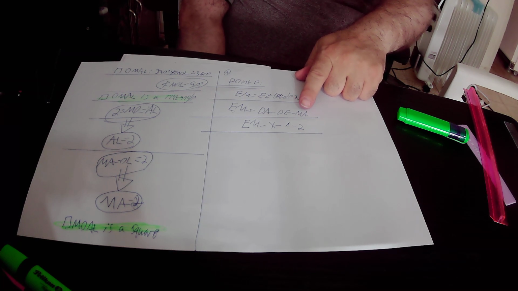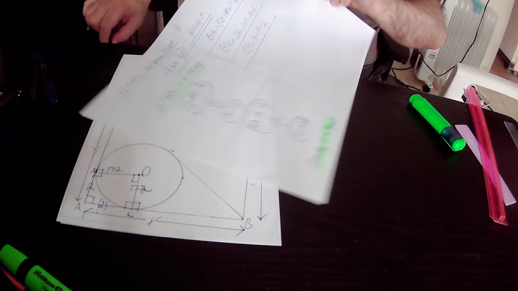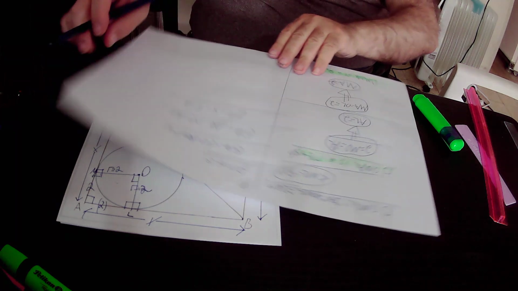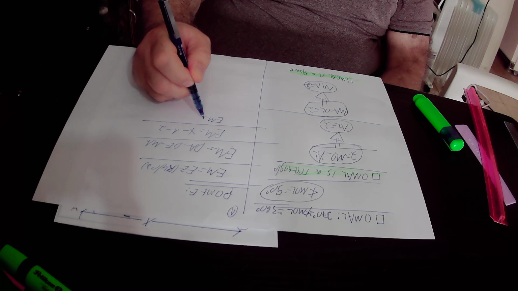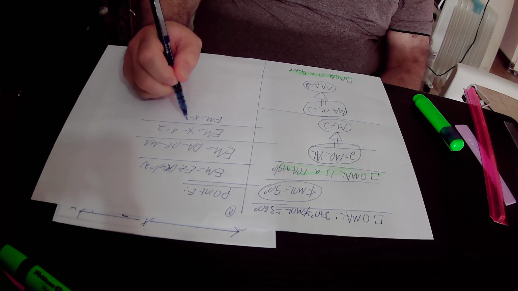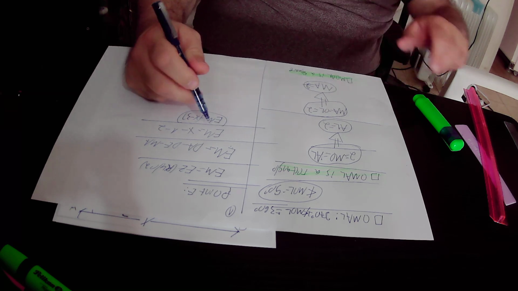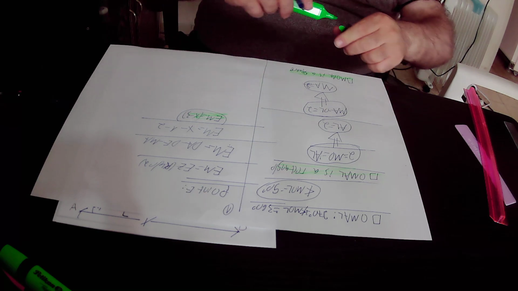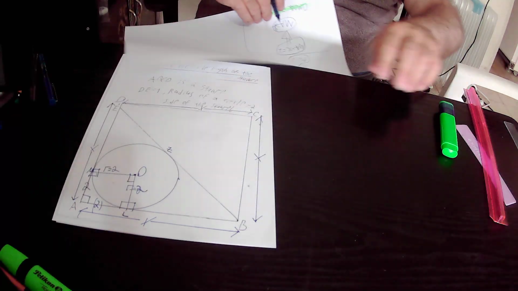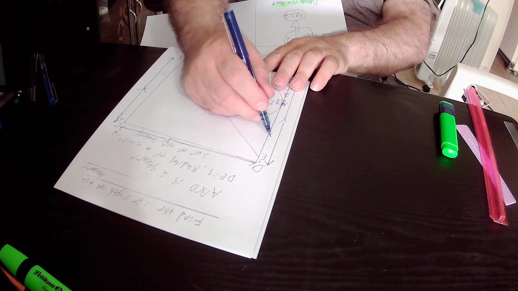That is to say, EM equals x minus 3. So we can write here that EM equals x minus 3.